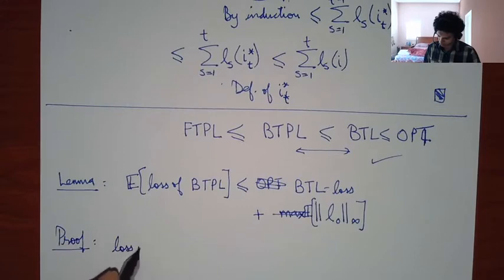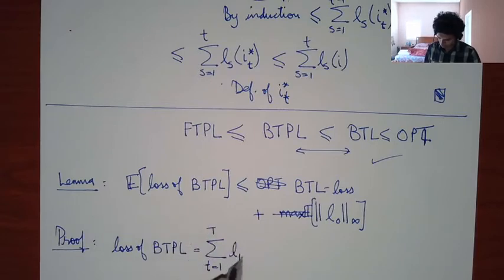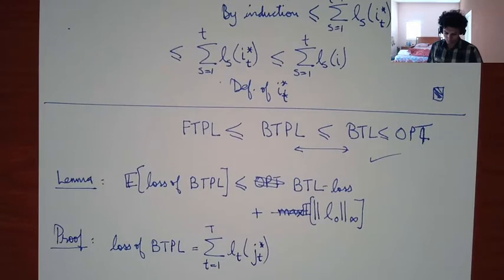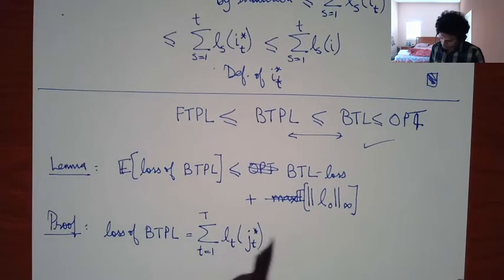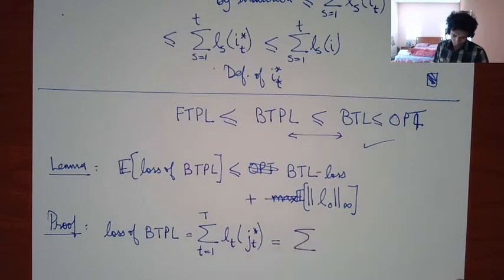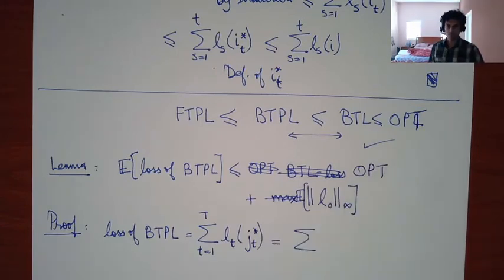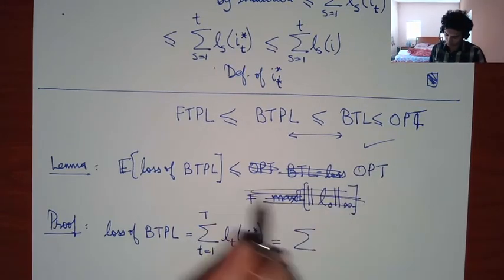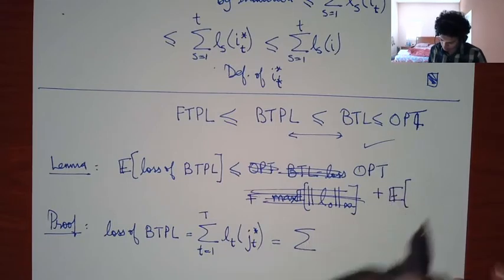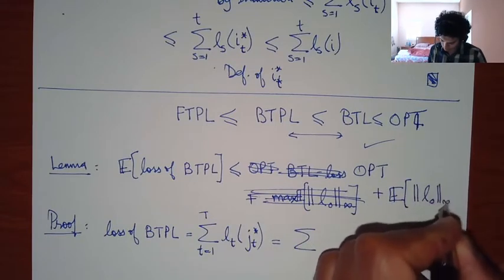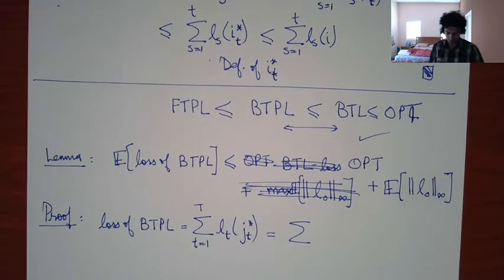So the loss of be the perturbed leader. Okay, so now let's write this carefully. It is the sum over t going from 1 to T of L_t of J_t star. Actually let me rewrite this as opt plus that. Sorry for the messiness over here. Let me write this out separately. Opt plus the expectation of the infinity norm of L0, the maximum entry in L0.